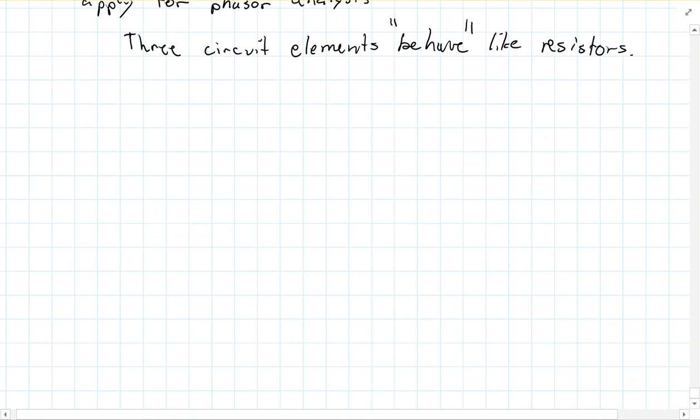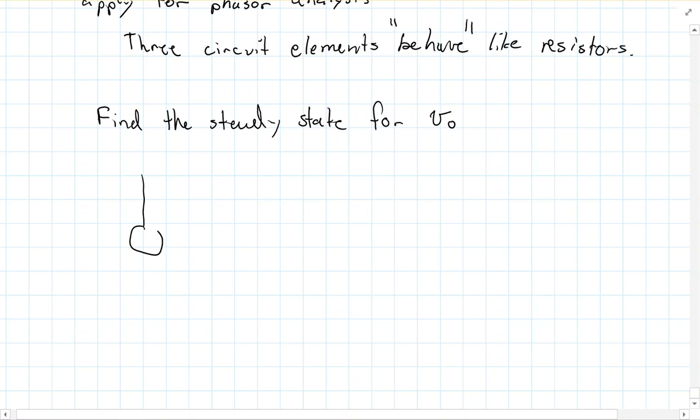So the circuit we're going to look at here, the question is find the steady state value for V out, and the circuit we have here is we've got some Vs here.